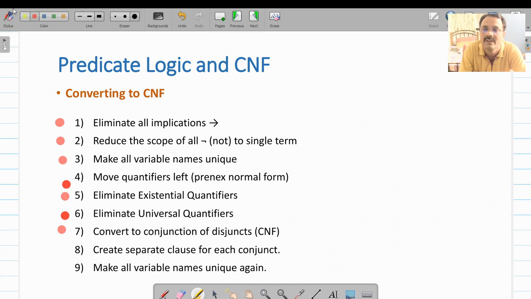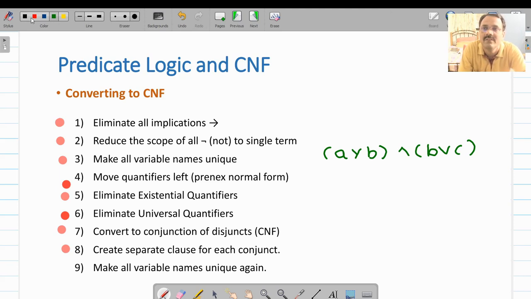Next step, step 8, sometimes you have to create a separate clause for each conjunct, as we have seen in the last example. Suppose we got (A or B) and (B or C), something like this.